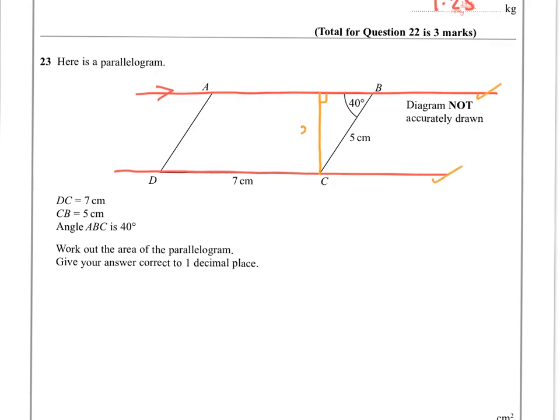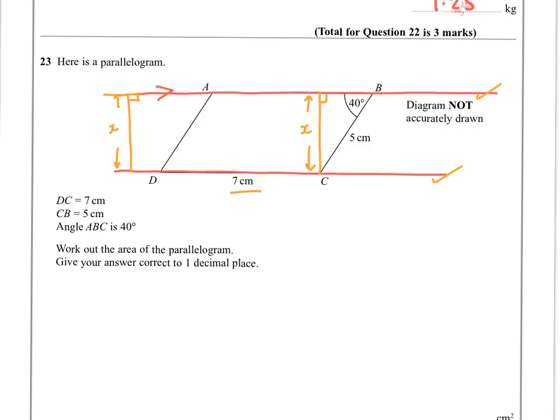I'm going to call this length x. Now if you think about it, that's the height or the distance between the parallel lines at any point, as long as it's the perpendicular distance between the parallel lines. So that's going to be the same distance as well, x. Now once we have that, all we've got to do is multiply 7 by x, and then we're done. That's going to be the area of the parallelogram.